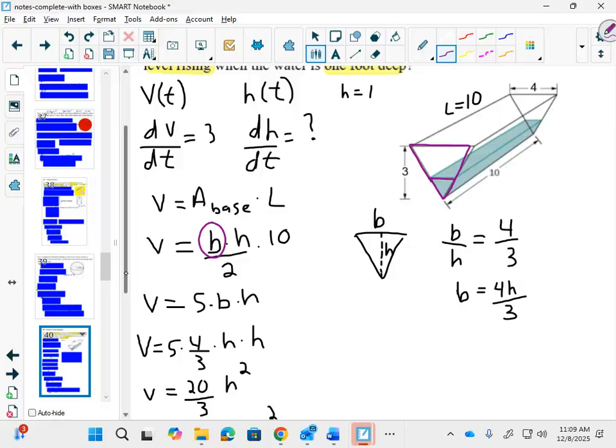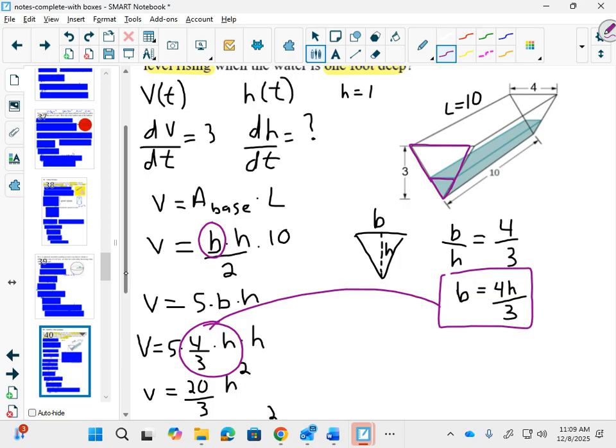That ratio has to stay the same no matter how big or how small that triangle is. This allows me to rearrange for b and get b by itself, and I know that the base is always going to be 4/3 of the height. And I can substitute that in to my formula.